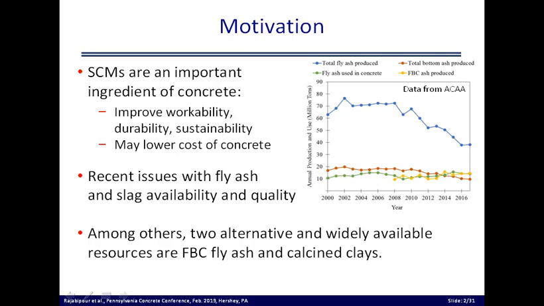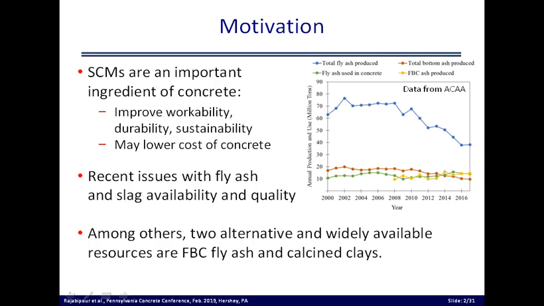As a motivation, we know that supplementary cementitious materials, or SCMs, are an important ingredient of concrete. We use them primarily to improve the durability, also to improve the sustainability of concrete, reduce the carbon footprint of concrete. Sometimes we use them for improving workability of concrete, and traditionally we also use them as a means of lowering the cost of concrete because they have been cheaper than Portland cement.